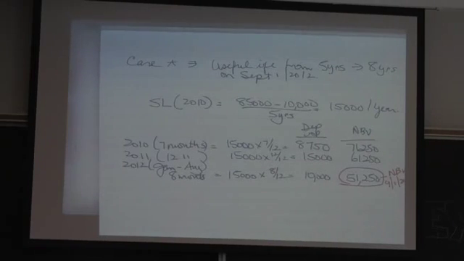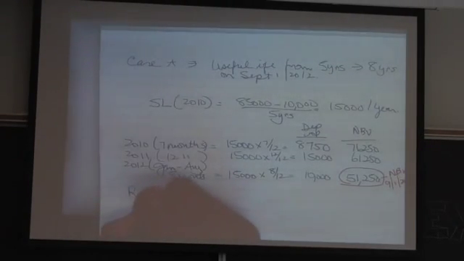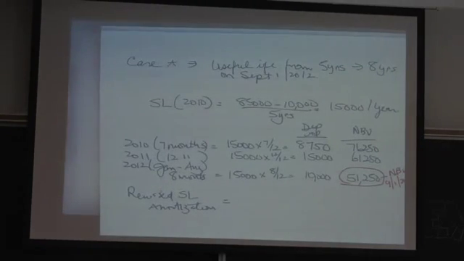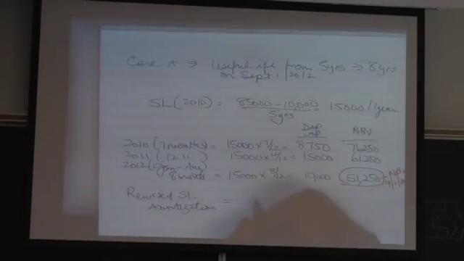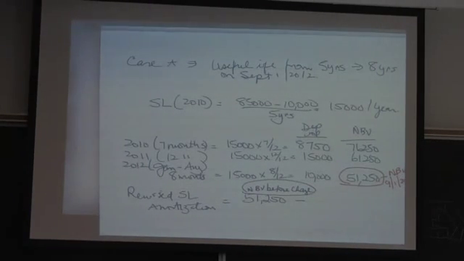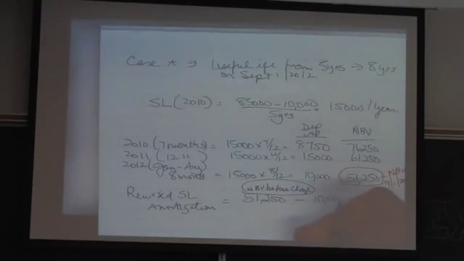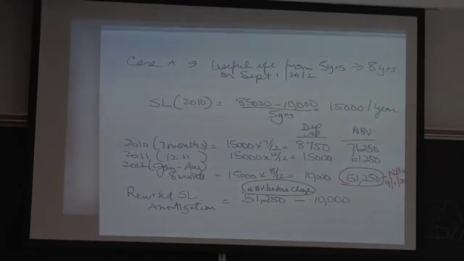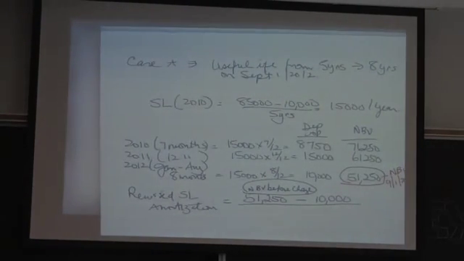Now we need to revise the straight line amortization or depreciation. How do we do that? We take the net book value prior to the change, which is 51,250, subtract the new residual value, which is still the old one because that did not change, divided by the remaining useful life.